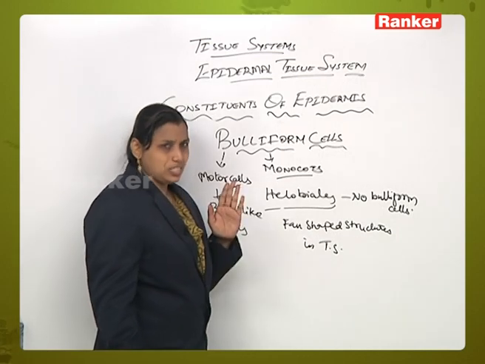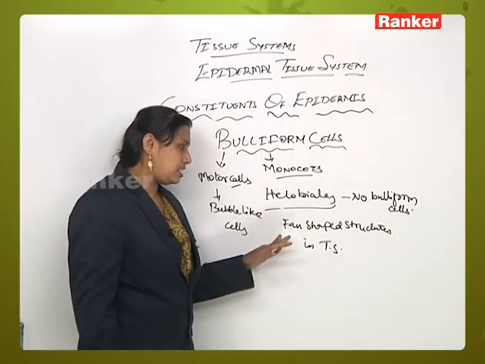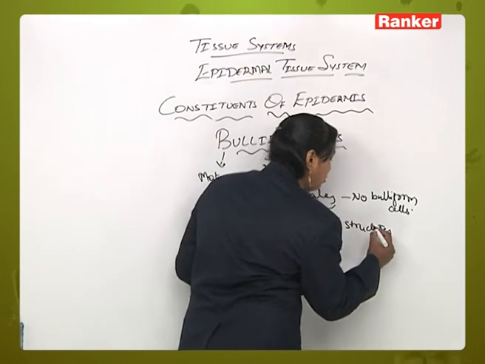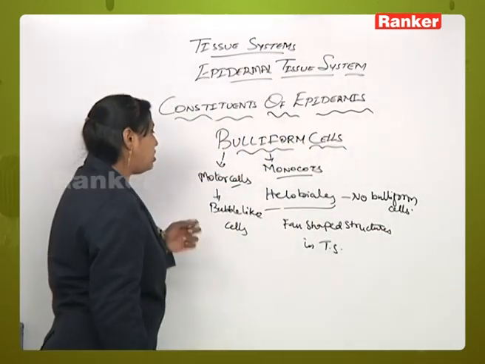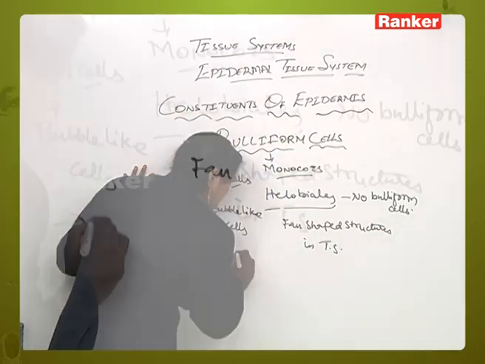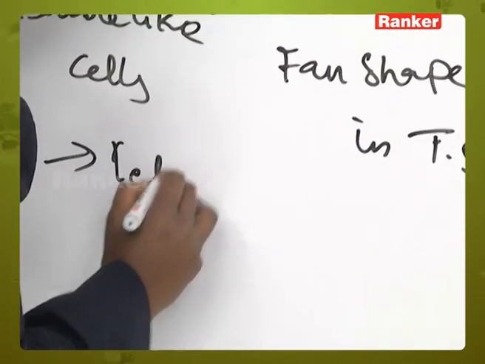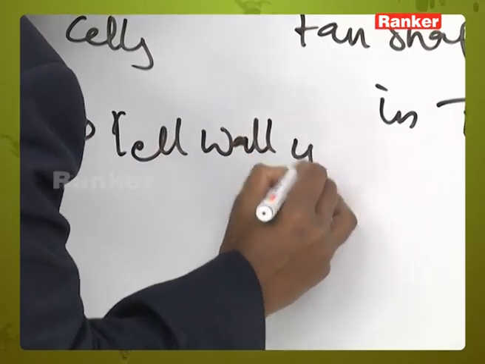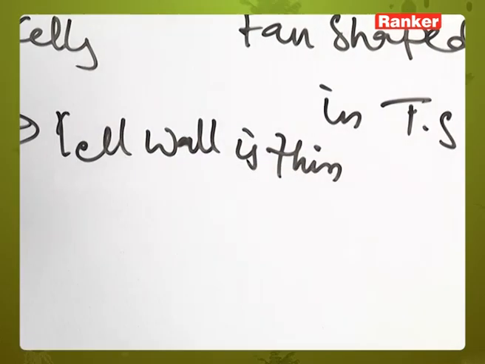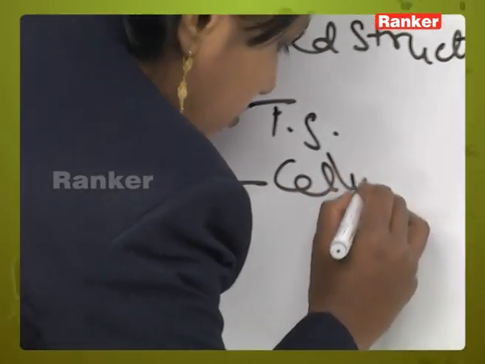If you see the transverse section of the buliform cells, you will see that these are in the form of fan-shaped structures. The cell walls here are thin and made up of cellulose and pectin.